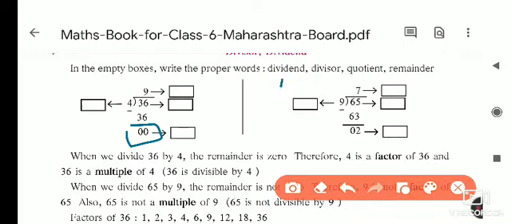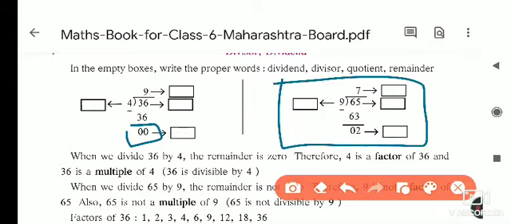Okay, now in this second example, 65 is divided by 9, 7 is the quotient and the remainder is 2. We say that it is a factor or a multiple of the particular number only when the remainder is 0, but here the remainder is 2.